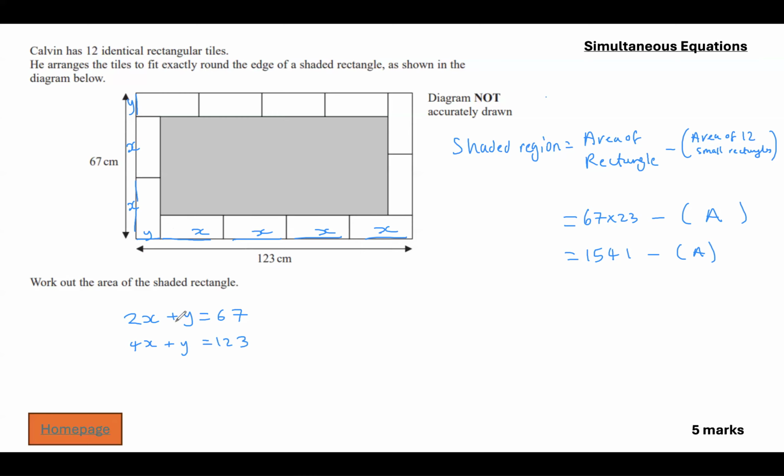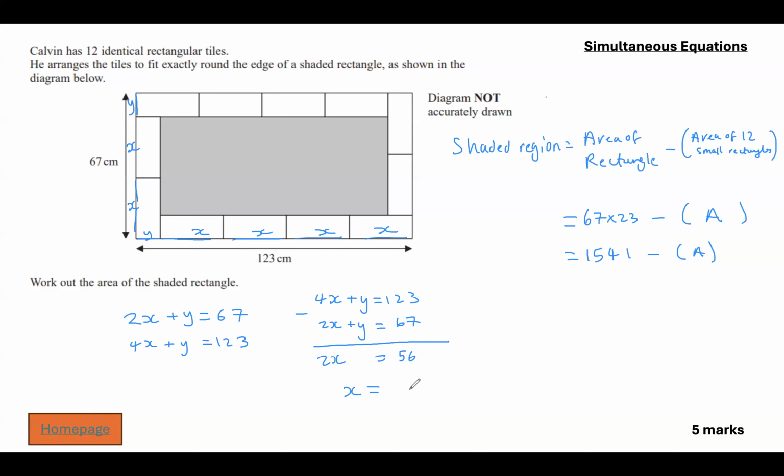And we may end up with negatives if we do this, which is fine, but to avoid that, we could rewrite this as 4x plus y is equal to 123, and 2x plus y is equal to 67.